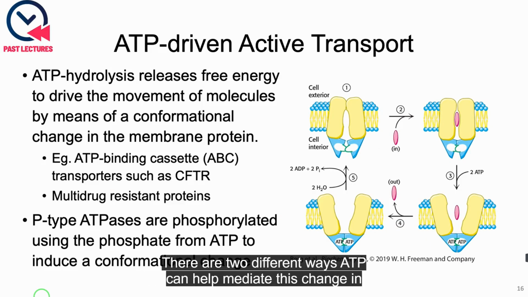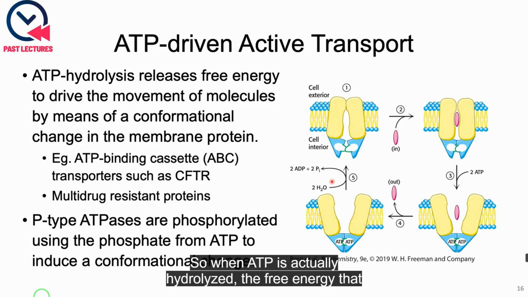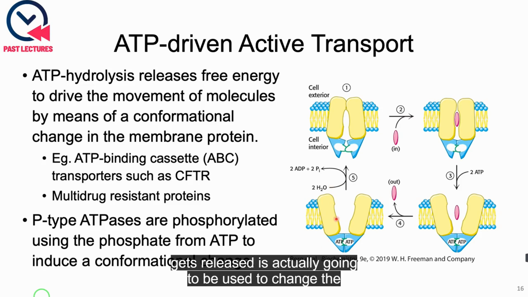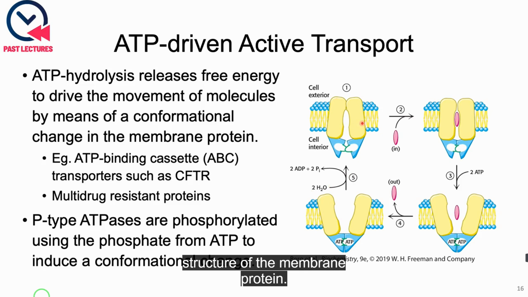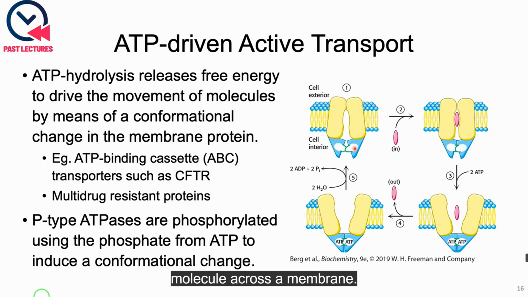There are two different ways ATP can help mediate this change in a membrane protein. So when ATP is actually hydrolyzed, the free energy that gets released is going to be used to change the structure of the membrane protein. Okay, and that's what's really going to allow for the movement of the molecule across a membrane.